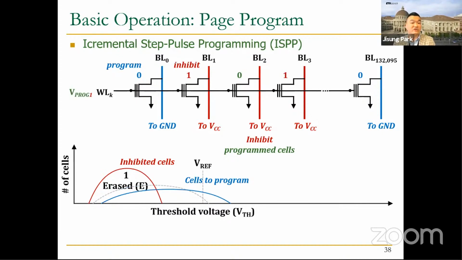After that, the NAND flash chip again applies the program voltage with a slightly increased value, say Vprog 1, so that it can move the threshold voltage states a little bit more. And by repeating this, we can finally get the target threshold voltage states in a good shape.